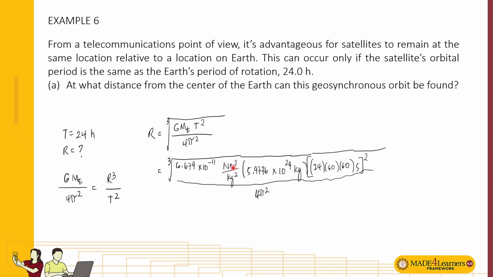The second squared is cancelled with the second squared here. So what we have left is meter cubed. Meaning if we get the cube root, the final unit would be meters, which is correct for an R, a distance quantity. So meters for the SI unit.